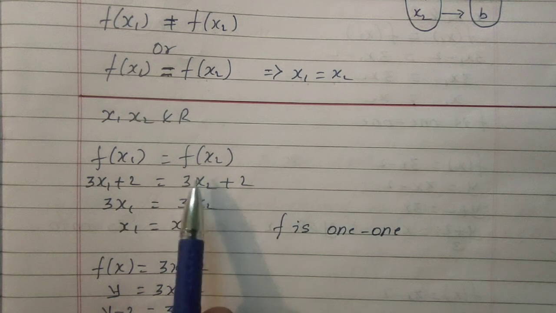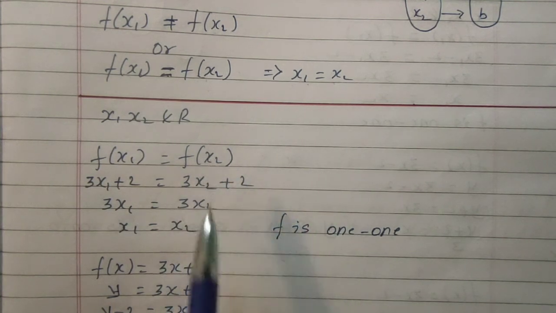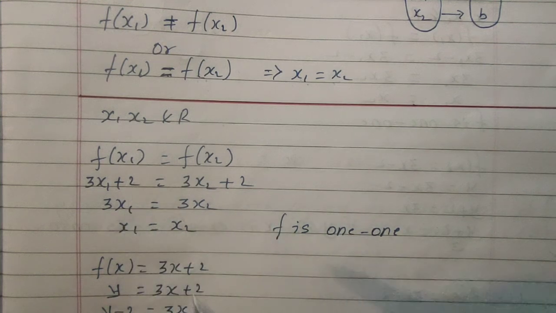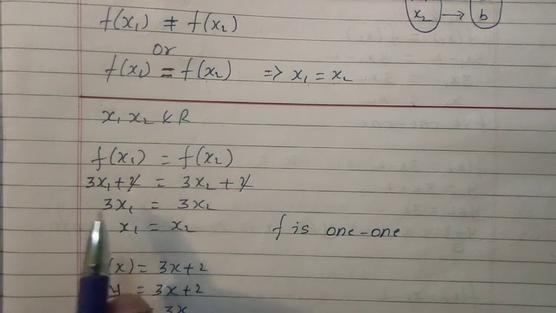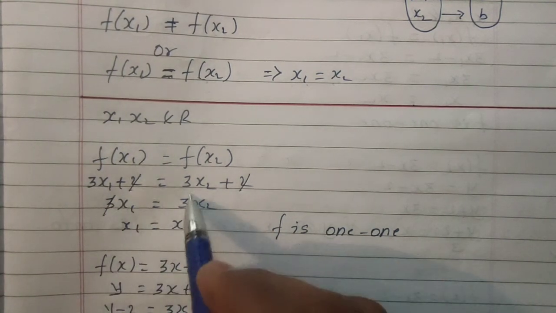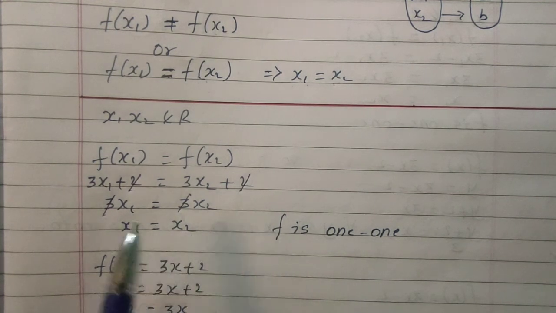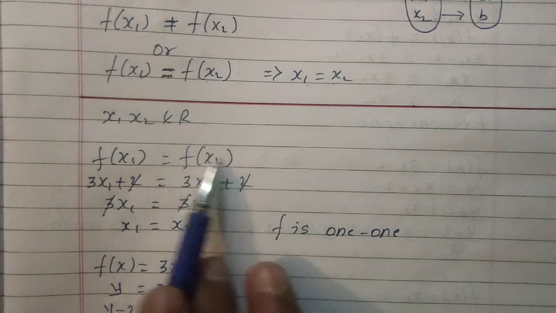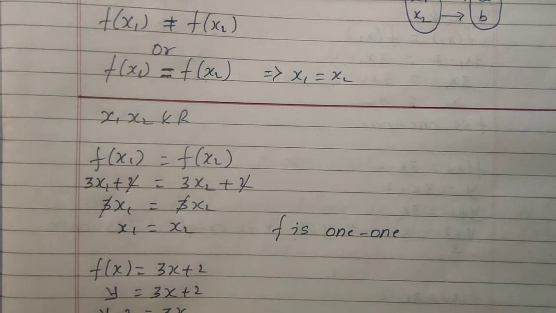Again 3x plus 2 with x2: 3x2 plus 2. Now the 2 and 2 get cancelled. Remaining 3x1 equals 3x2. Again 3 gets cancelled. So x1 equals x2. That means when I assume outputs are equal, inputs are also equal, so the function is one-to-one.